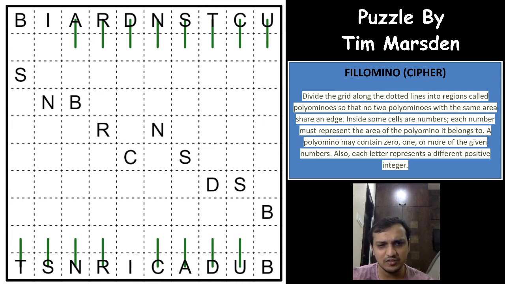There are exactly 10 different alphabets in the last row. So if you see B, I, A, R, D, N, S, T, U and C, right? Exactly 10 different alphabets in the above row and the below row. Now let us take the above row.